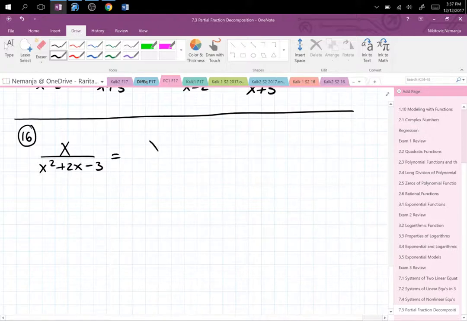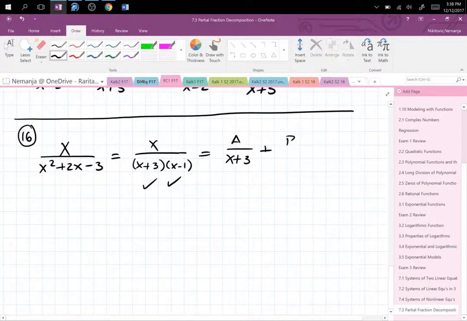Well, the first order of business is to factor the denominator. And that is going to be x plus 3, x minus 1. If you're not good with factoring, use the quadratic formula, because the quadratic formula will give you the same answers. I see two linear terms again, so A over x plus 3 plus B over x minus 1.